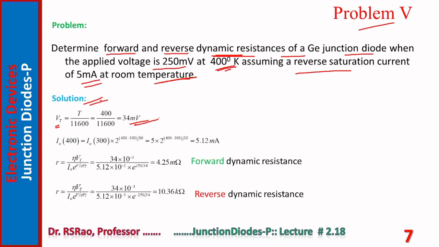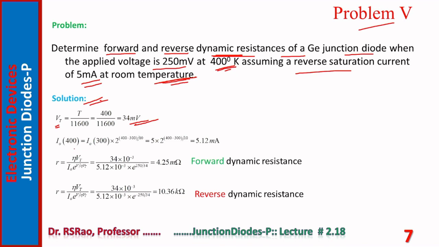And then determine reverse saturation current at 400 Kelvin. Reverse saturation current is given at room temperature, that is 300 Kelvin. We need it at 400 Kelvin. To find it, we use the relation that reverse saturation current doubles for every 10 degree rise in temperature.